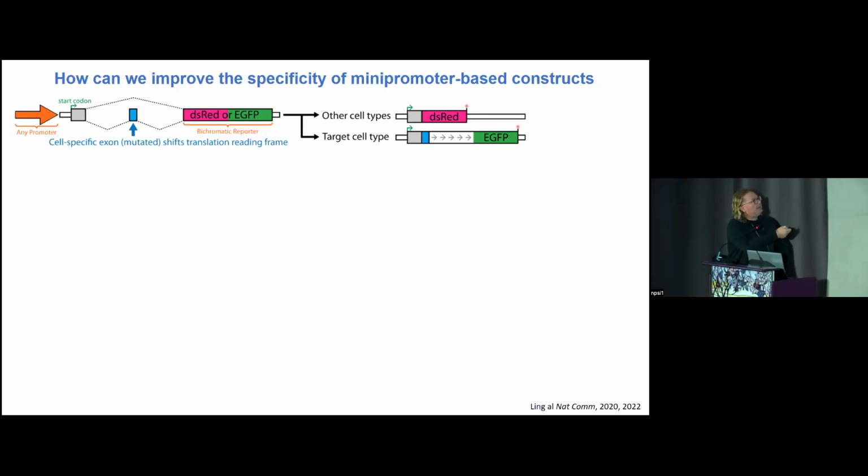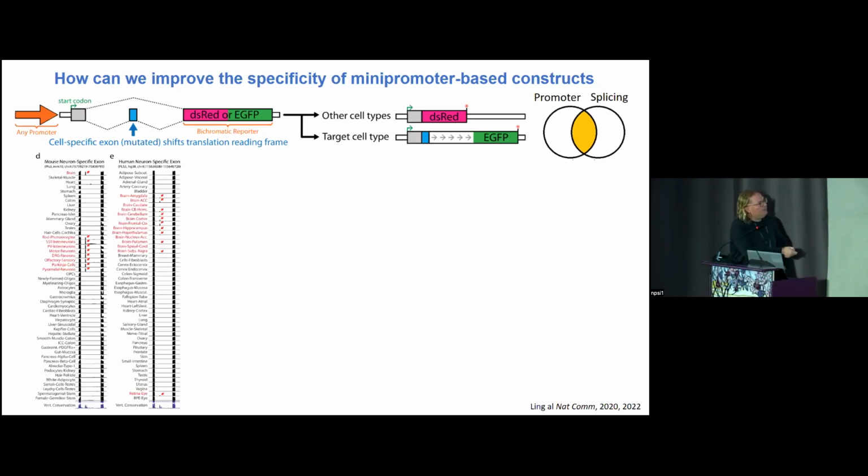Now, however, there are ways to potentially make this better. One thing that we have found, in work in collaboration with Ben Langmead's group in the Department of Computer Science at Hopkins, is that there's a very extensive range of cell type specific alternative splicing of genes that are very broadly expressed.